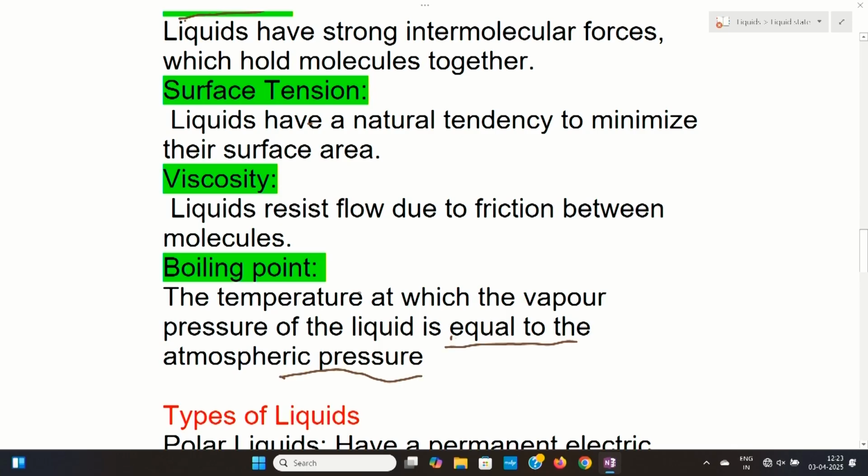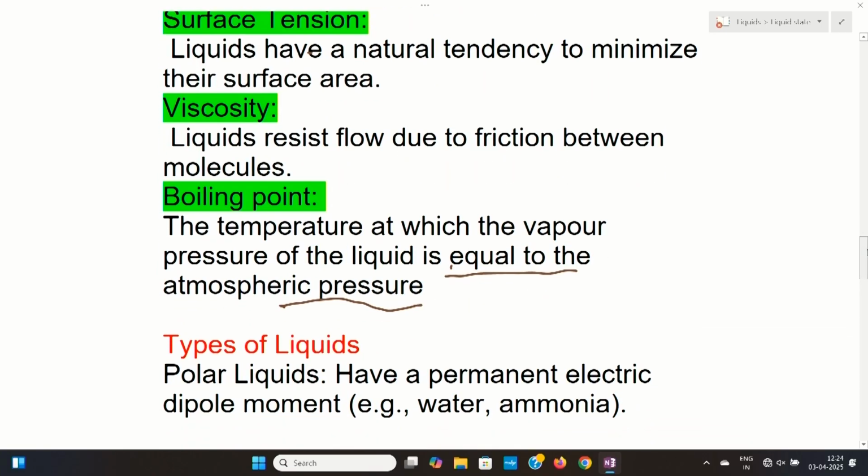So, these are the different characteristics of liquids. The important characteristics are fluidity, cohesion, viscosity, surface tension and boiling point. All these things we will see in our upcoming modules in detail. Here we are only giving an introduction.